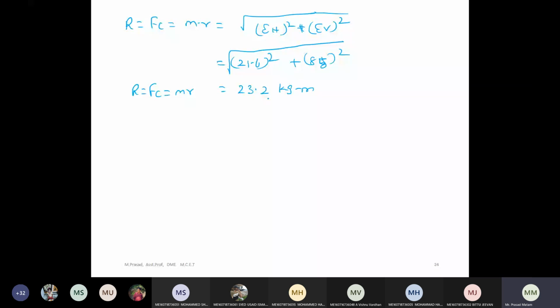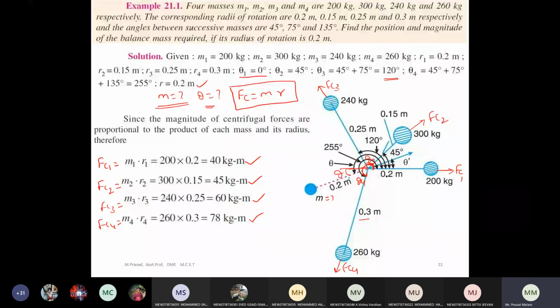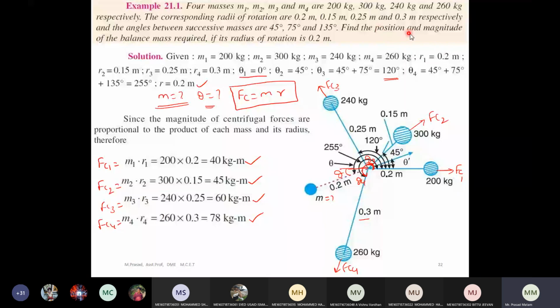Right, 23.2 kg meter. Already they have given this problem. This balancing mass has to be kept at a radius of 0.2 meter. You can see here, in the problem they have mentioned where this balance mass has to be located at a radius of 0.2 meter: find the position and magnitude of the balance mass required if its radius of rotation is 0.2 meter.